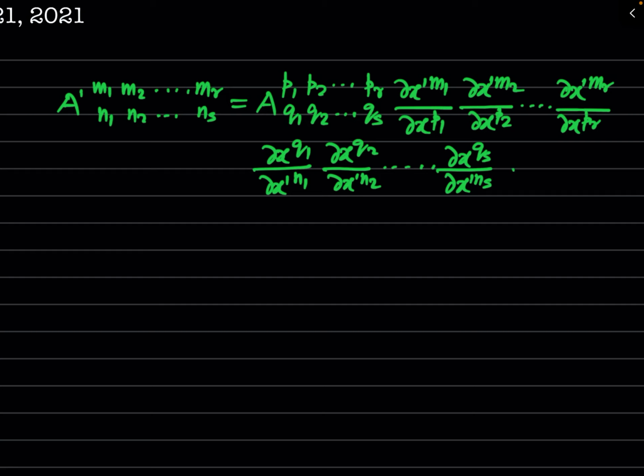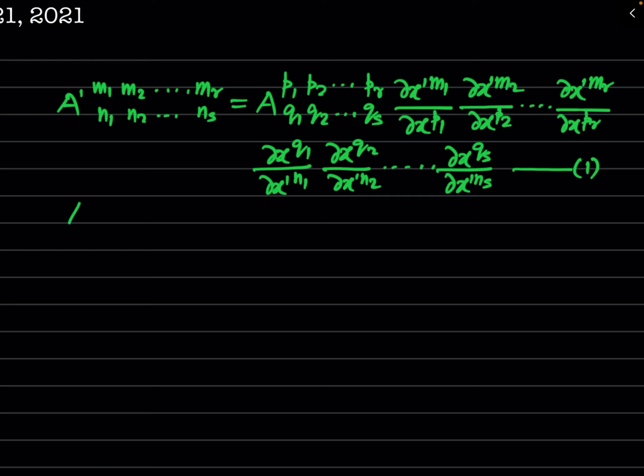So this is the transformation law in accordance with which the components of this mixed tensor will change from one coordinate system to another. I hope you have understood, because this is nothing different from the tensor of second rank. This is just a generalization. Now in fact this tensor A, which I have mentioned here, is actually called a tensor of the type r, s.